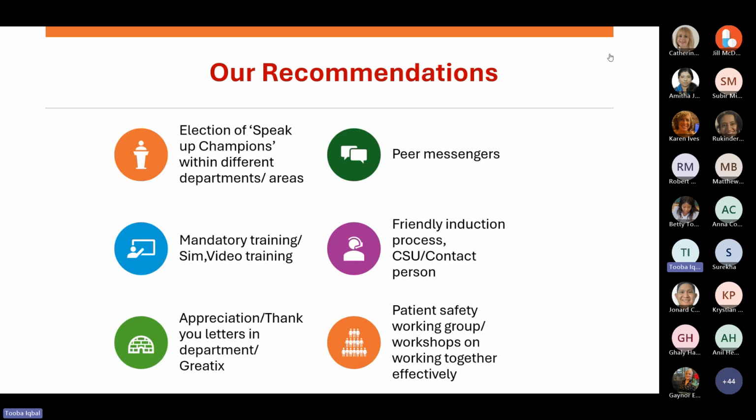We've already got a patient safety working group, and they're running these amazing workshops on working together effectively. I did attend one of those where we had staff members from theatres and members from labor ward who basically sat down together, and it was more of an informal conversation, and they really talked about the situations that bother them, why they think it happens, what they think might help.